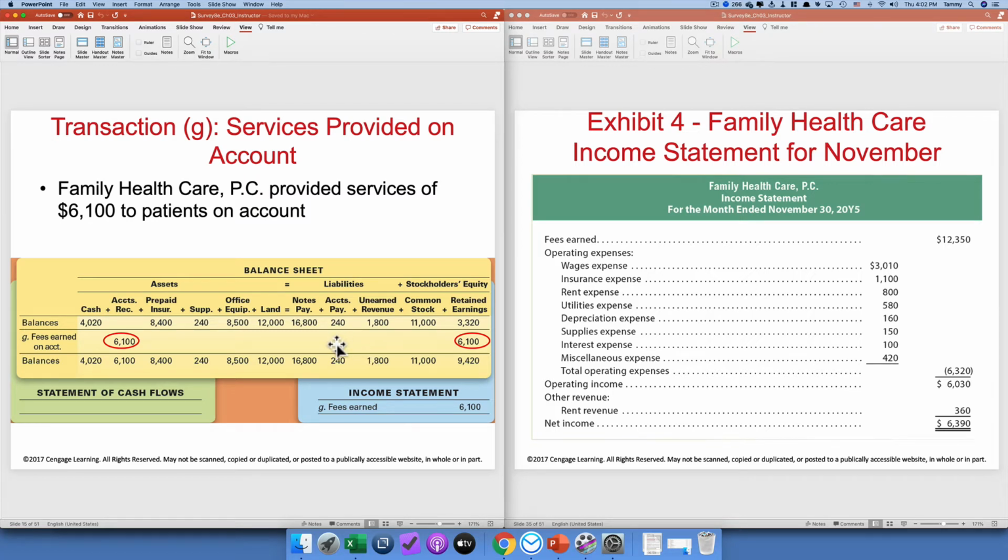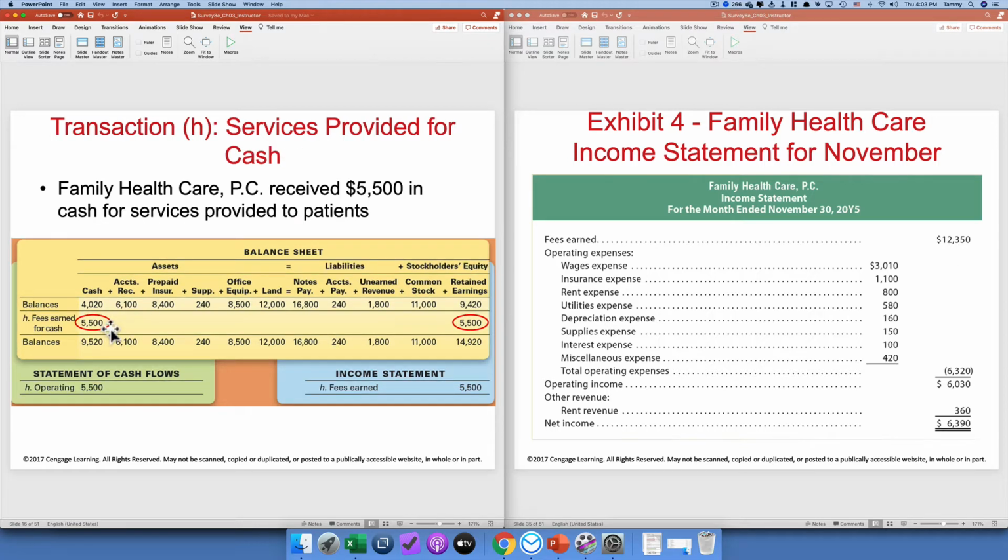Now, we earned fees of $6,100. Even though we haven't gotten any cash from that yet, we have to recognize the fees, and that's part of what shows up over here as this $12,350.